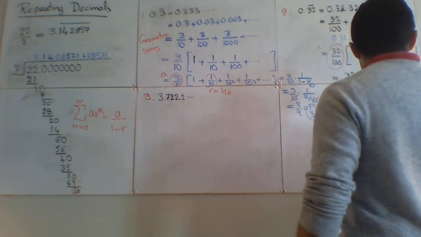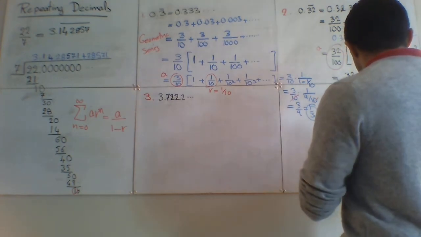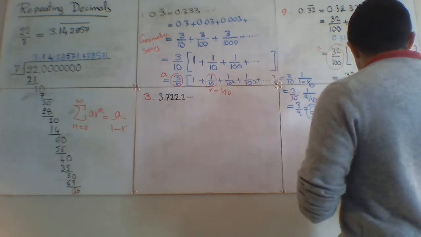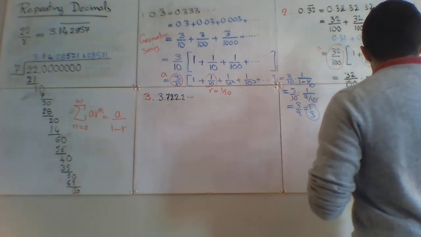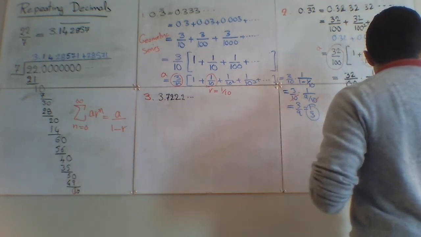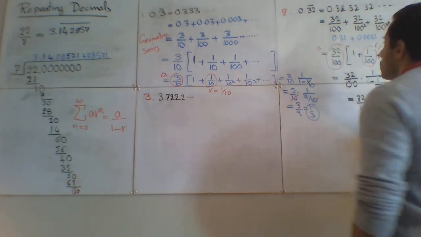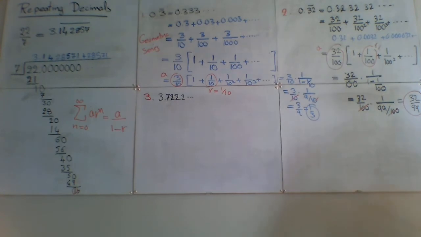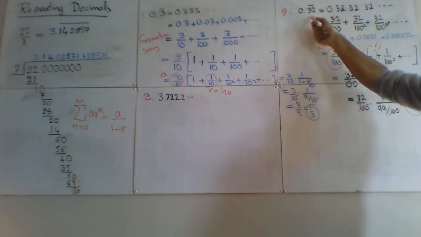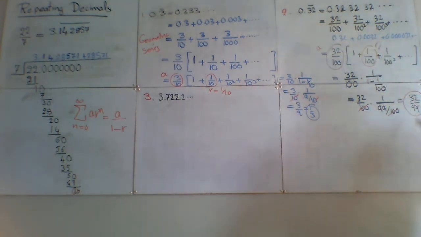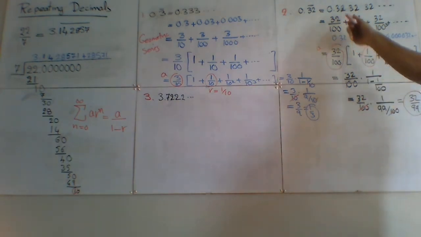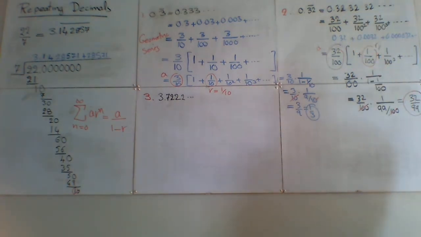So you get the 100s canceling, and you get our answer, which is 32 over 99. So this is the decimal expansion of 32 over 99. This decimal expansion represents this fraction, 32 over 99.